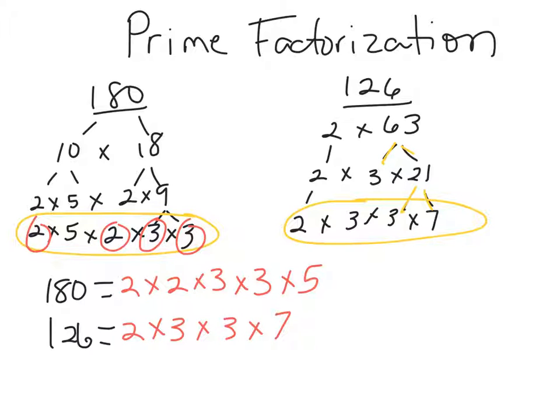And in this case, we have a factor here, we have a factor here, and we have a common factor there. And now that we know how many of these are the same, now I can use my exponent.